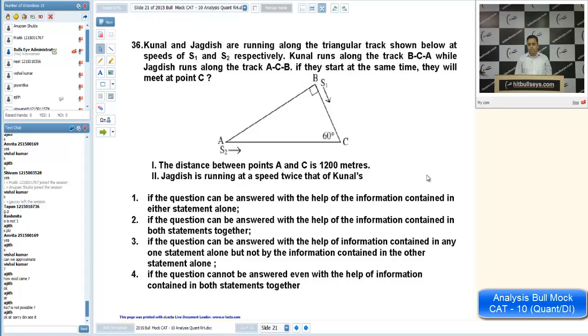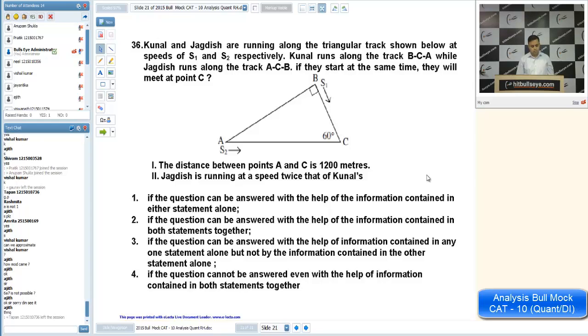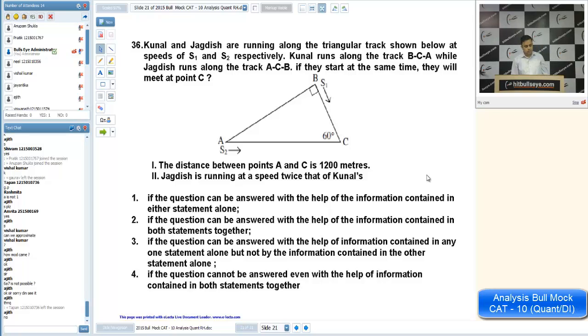This question is of data sufficiency. Should I solve it or not? Actually, this is a very easy question. Okay, let's move on to the next question.